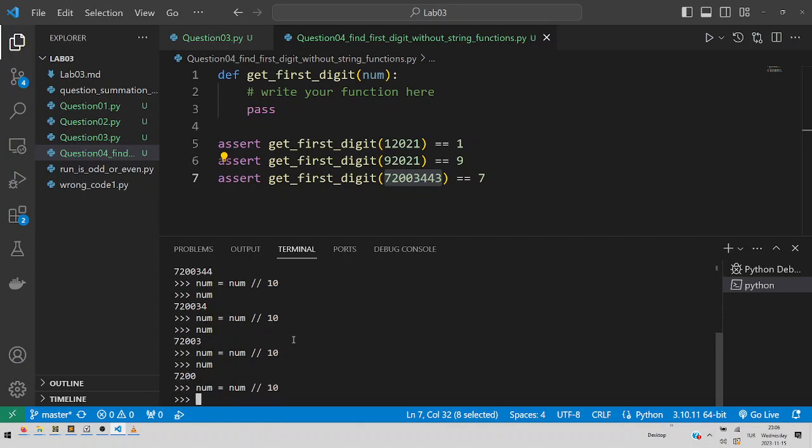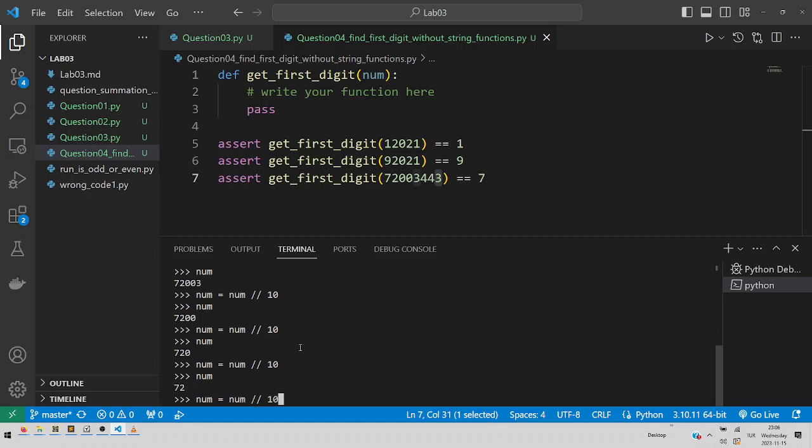I am always dividing with integer division by 10, so I am getting rid of the last digit. When will I stop? I will stop when the number is less than 10. Here 72, and here it is at last less than 10, then this is the first digit.